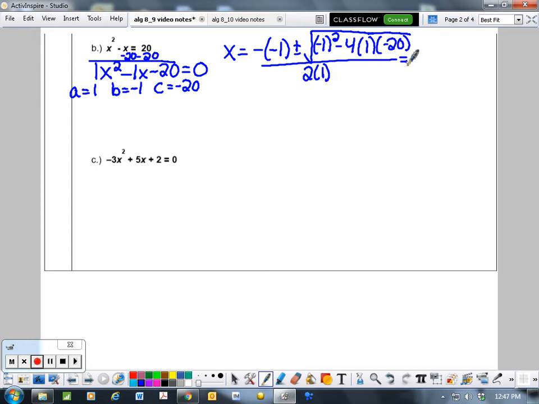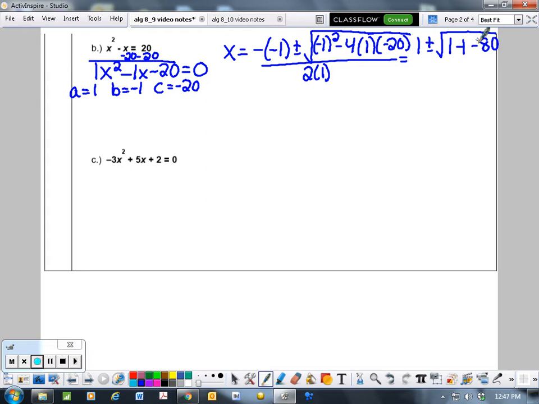A lot of work, a lot of writing. But again, it's consistent. It's the same thing over and over. So negative negative turns into positive 1, plus or minus the square root. Negative 1 squared is 1, and minus 4 times 1 times negative 20 is negative 80.